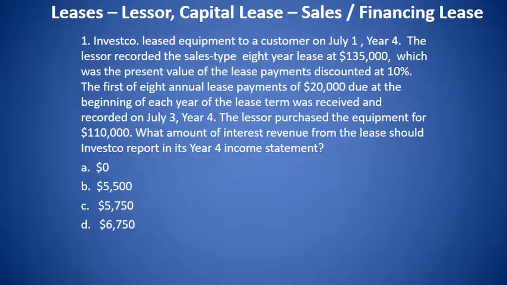The first of 8 annual lease payments of $20,000 due at the beginning of each year of the lease term was received and recorded on July 3rd of year 4. The lessor purchased the equipment for $110,000. What amount of interest revenue from the lease should Invesco report in its year 4 income statement?